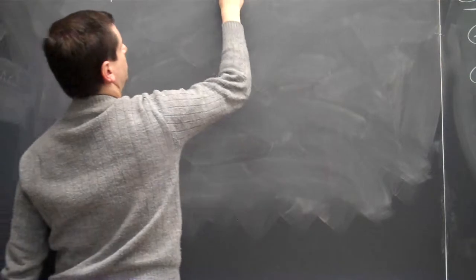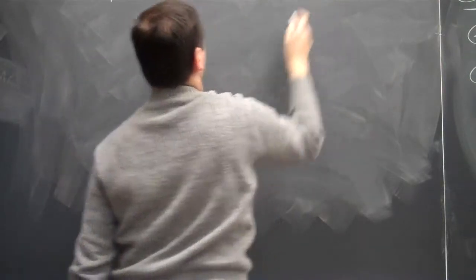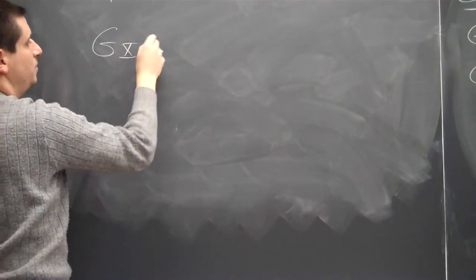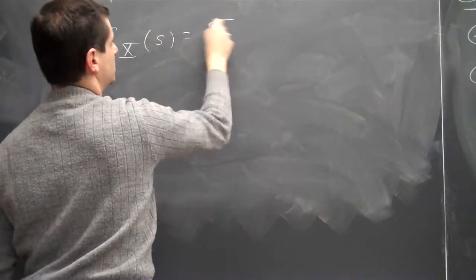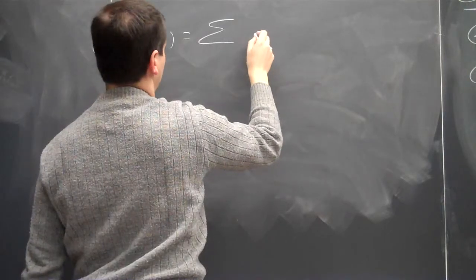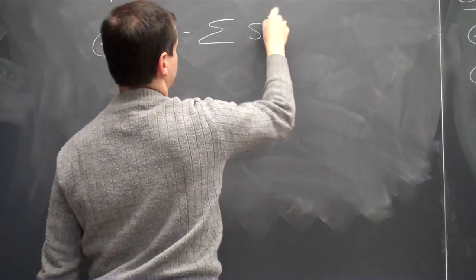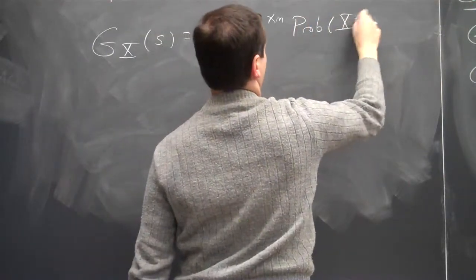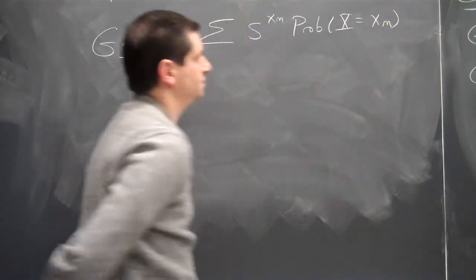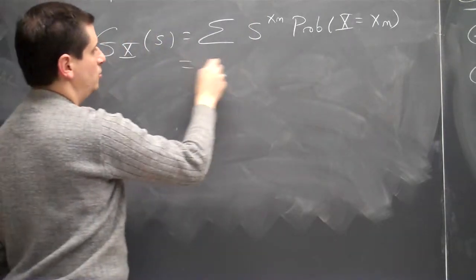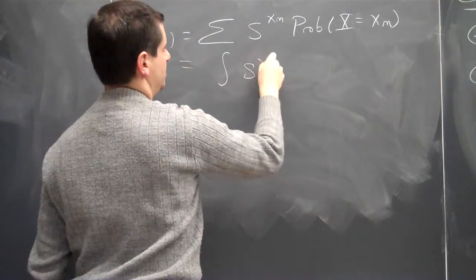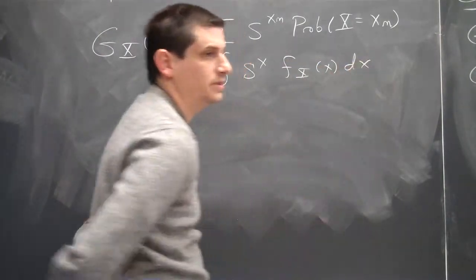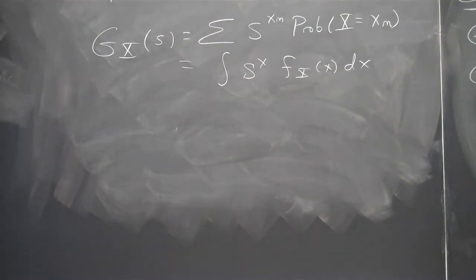And so we'll say that the generating function of a random variable x is just the sum of s to the x_m times the probability that x equals x_m, or it could be the integral of s to the x times the density function. We could have the continuous or we could have the discrete.